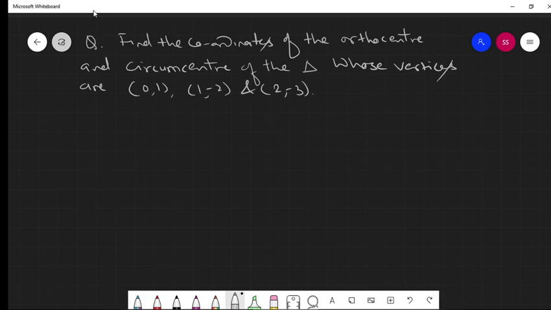This is the question. We need to find the coordinates of the orthocentre and circumcentre of the triangle.